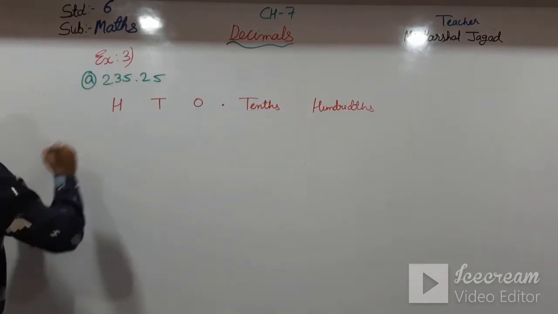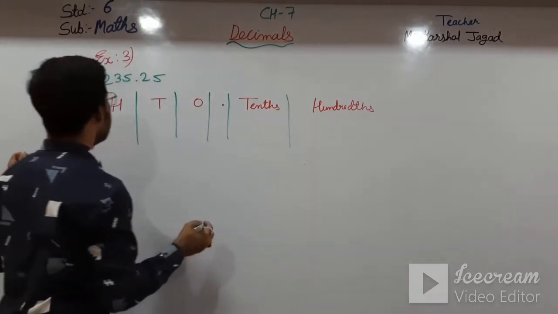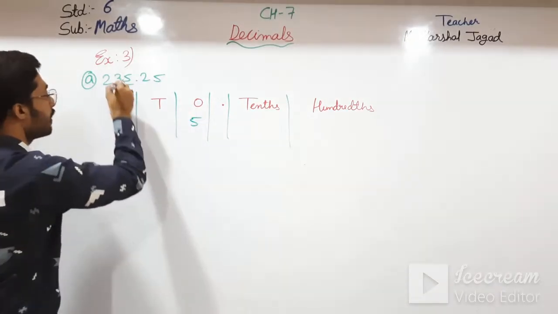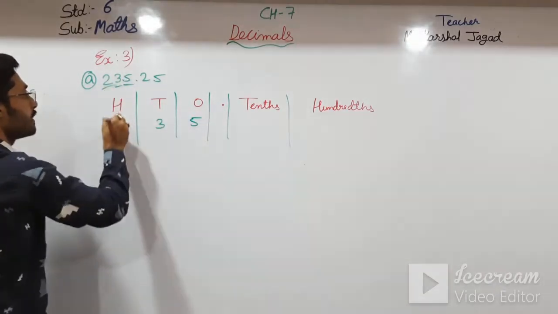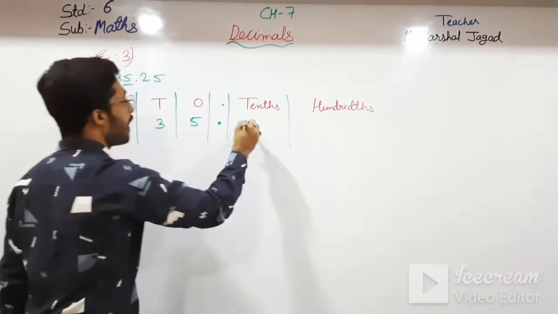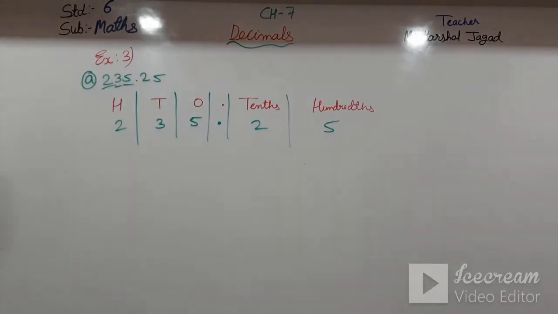Let us put the values first. We know that 5 is ones, so we will put it here. 3 is tens, 2 is hundreds, and after the point 2, 5. Okay, we have done this.